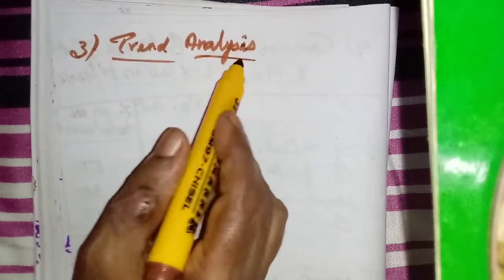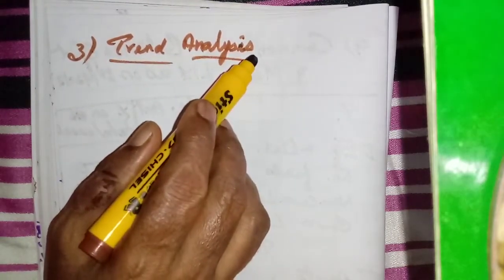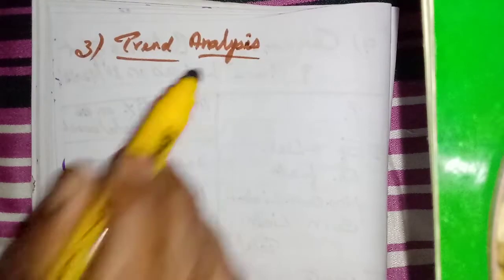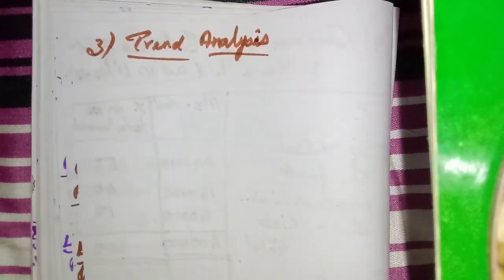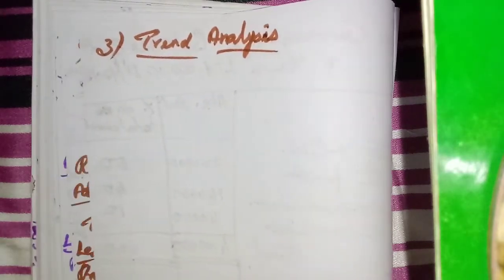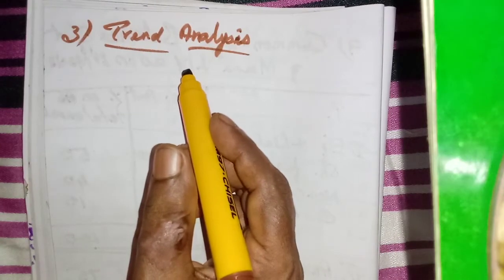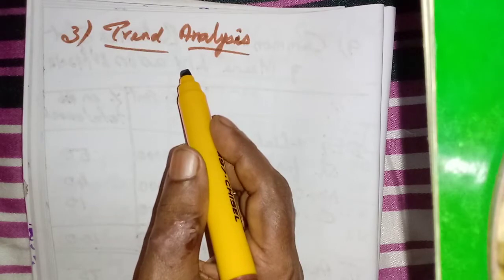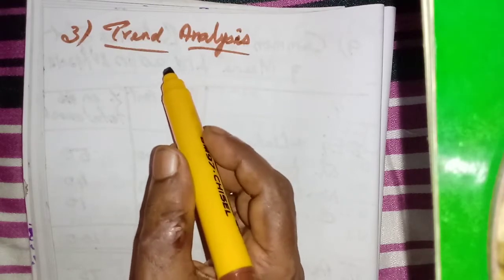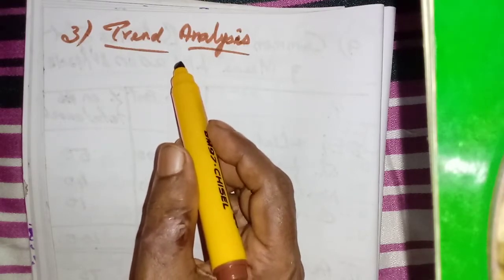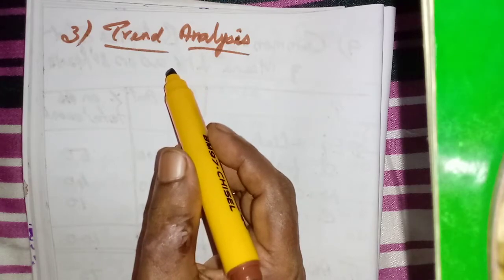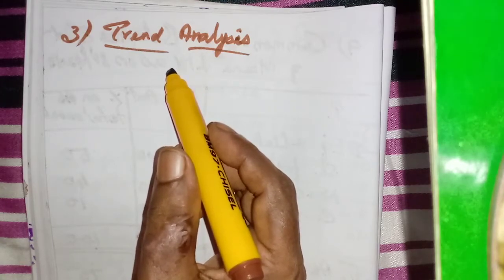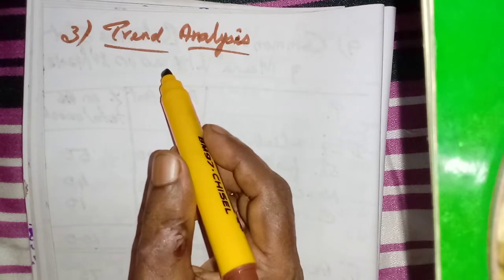So what is this trend? Here we will calculate the trend, whether it is an increasing trend or decreasing trend, isn't it? That means how the movement is there, the tendency, how it moves, whether it is an increasing trend or decreasing trend or the same.